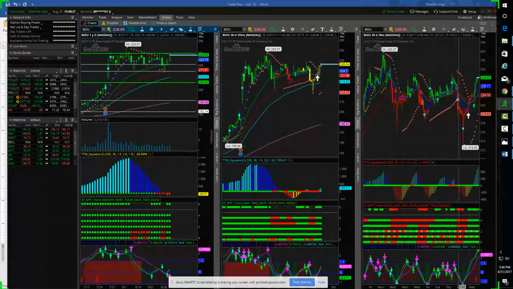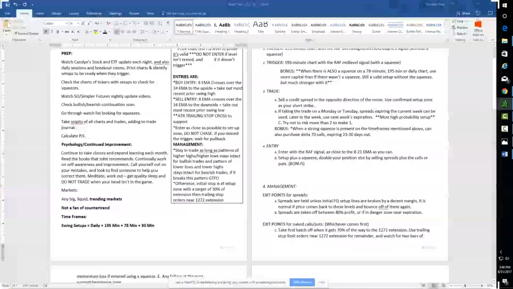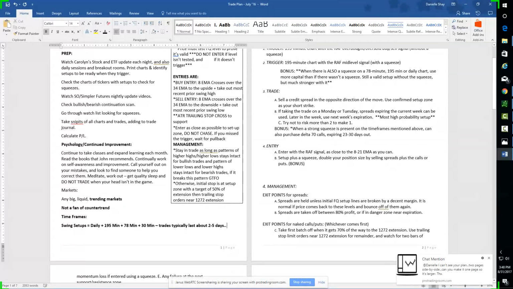So these are the charts that I always look at, the same time frames for a trade. And then that being said, when I'm finding trades on these chart time frames, primarily these larger ones here, my trades typically last about 2 to 5 days, maybe a few days longer.